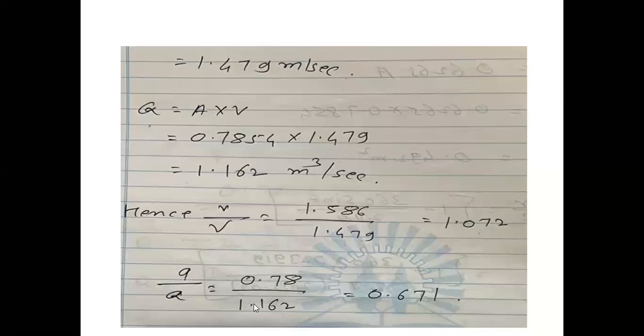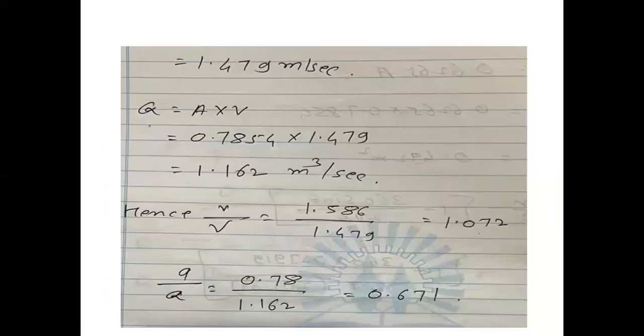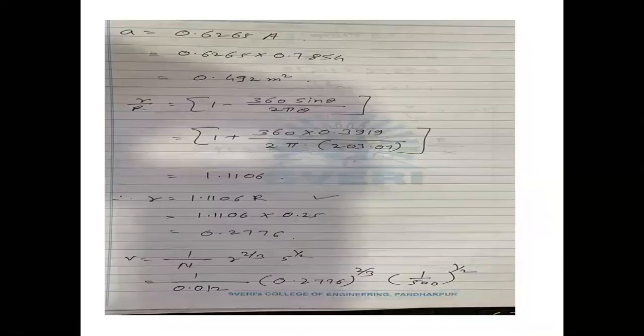Capital Q is equal to capital A into capital V. Capital A you should take. What is the value of capital A? You have calculated earlier. You have calculated the value of capital A. It is 0.7855 into what is the V? Value of V capital.